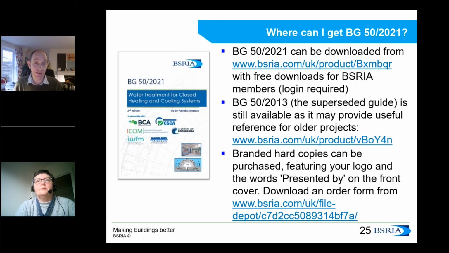BG50 2021 is only available as a PDF. We can take orders for branded hard copies. So this would generally be if a company wishes to order a batch of hard copies with their logo on it to present to customers, for example. But in general, we're moving away from hard copies and just sticking with PDF for now.